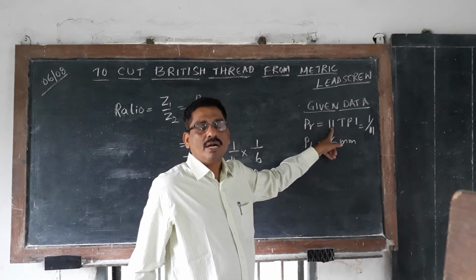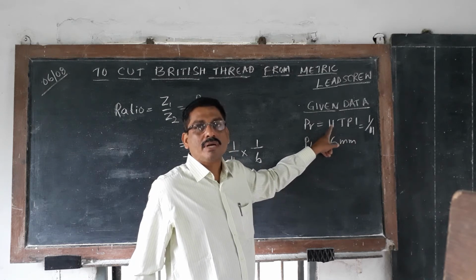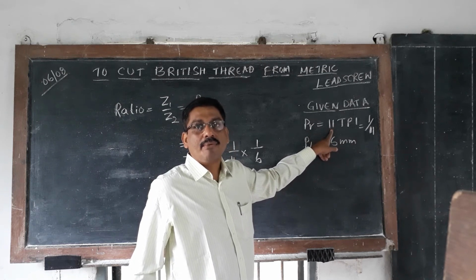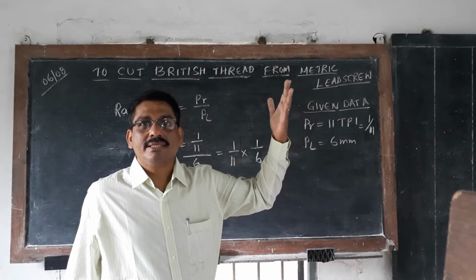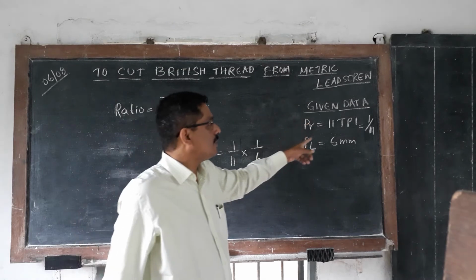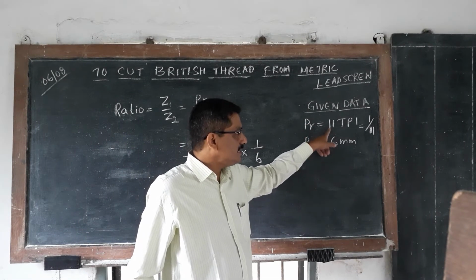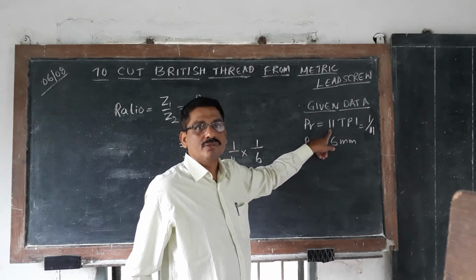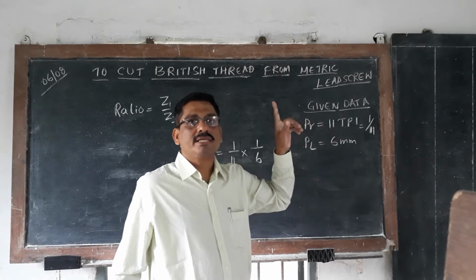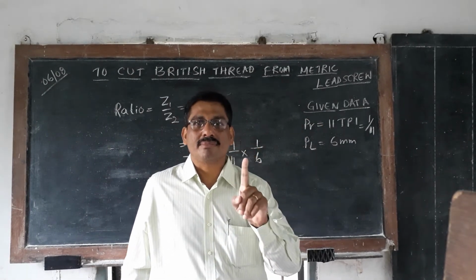So what you have to do is convert this 11 TPI from inch into millimeter. That is more important. For that, 1 inch is equal to 25.4 mm. So that is important.